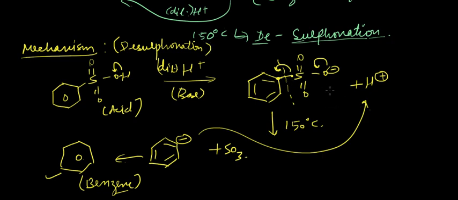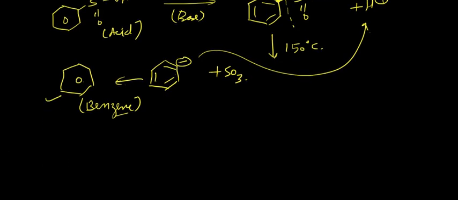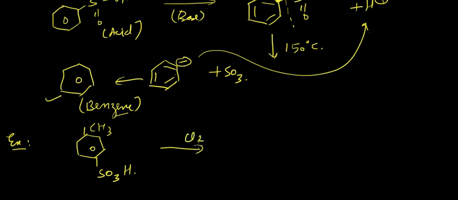Okay, so let us see another example. Let's say we have toluene with SO3H and CH3 groups at relative para positions, and we react it with Cl2 in the presence of AlCl3. So what would be formed in this case? From the two Cl, one Cl would attack AlCl3, and the other would get a positive charge.